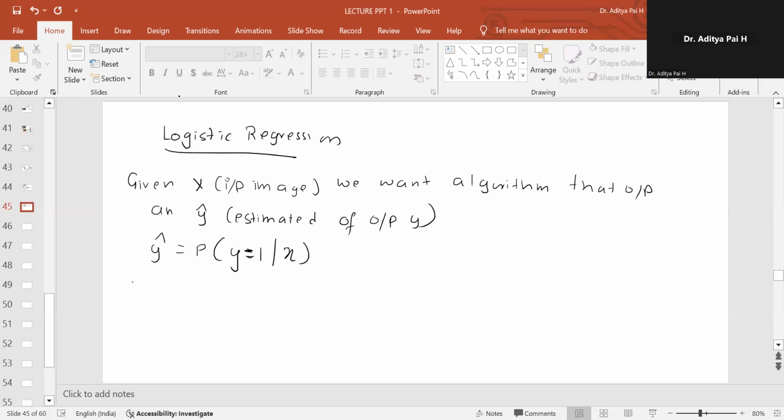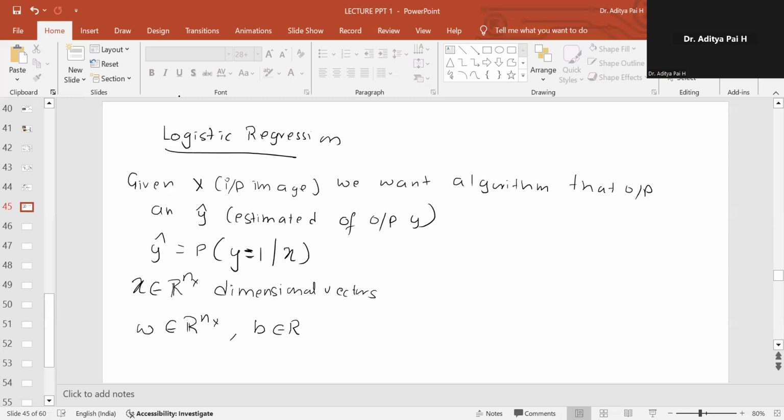Now, here X belongs to R to the power n_x, which is nothing but an n-dimensional vector. And the parameters of this logistic regression are W, which belongs to R to the power n_x, and B, which belongs to R. Where W is a weight and B is the bias, which we are applying.